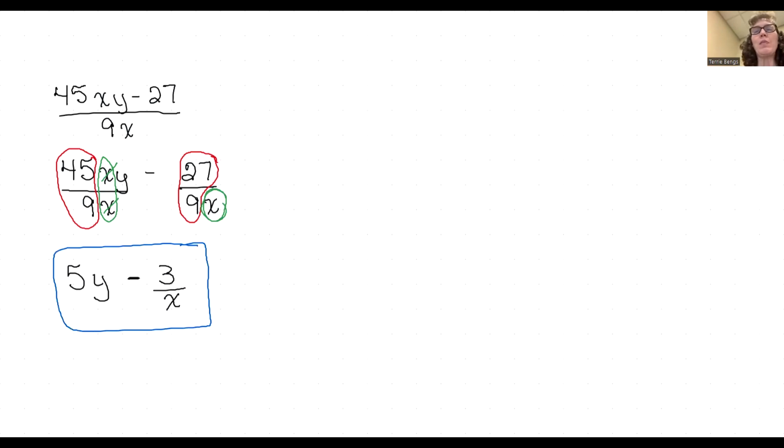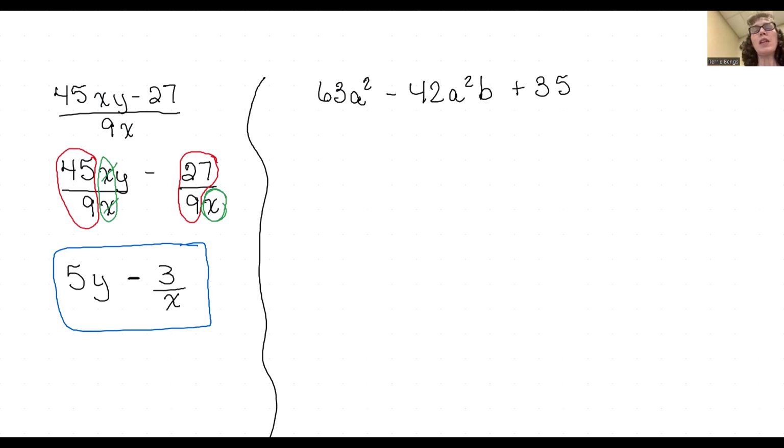I'm going to break this up just a little bit here. We're going to look at one over here. We're going to say 63a squared minus 42a squared b plus 35a squared b squared, all over negative 7a squared. We look at that and we're like, woo, that one's long, but we're going to break it up just like we did a while ago to make this easier to look at.